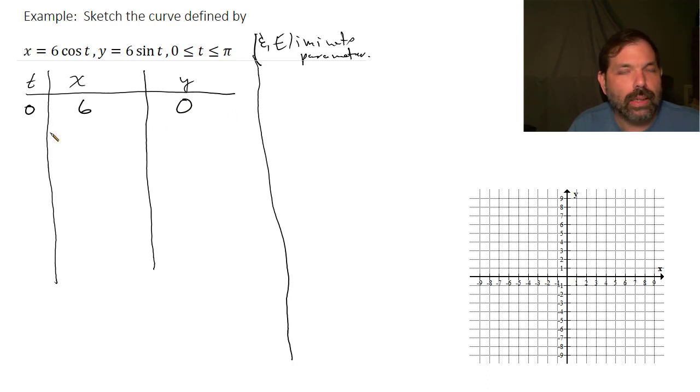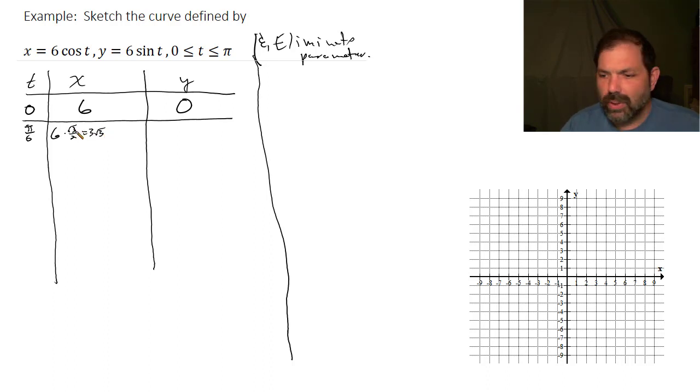All right, how about then pi over 6? If t is pi over 6, then the cosine of pi over 6 is root 3 over 2. So I'd have 6 times root 3 over 2, so that's 3 root 3.